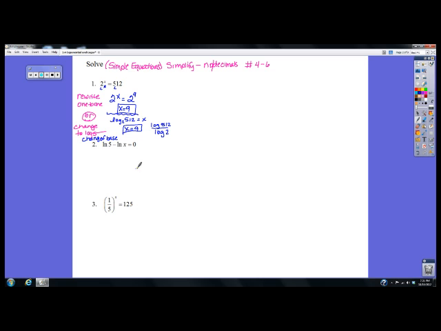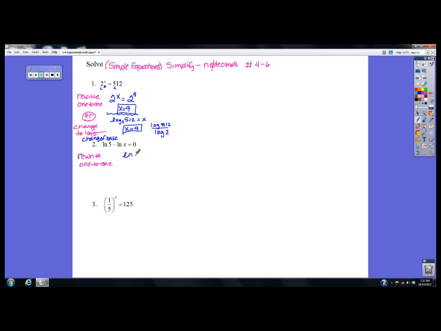So moving on to number 2. ln, which means natural log of 5 minus natural log of x. Let's rewrite using the one-to-one property. So I need to separate these and get 1 on each side of the equal sign.